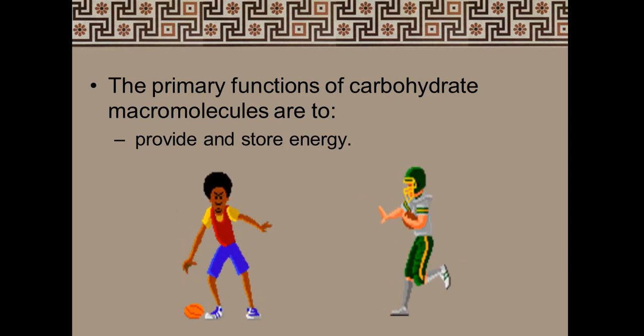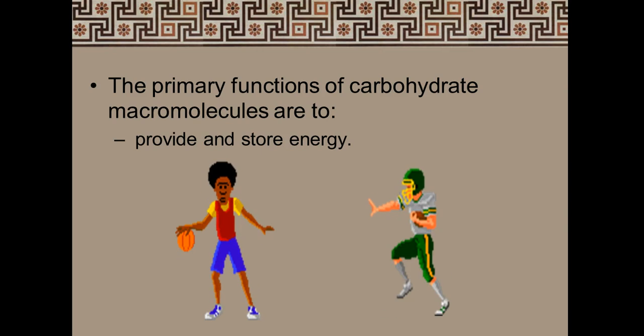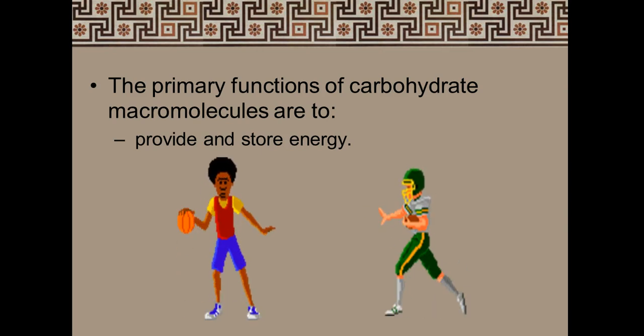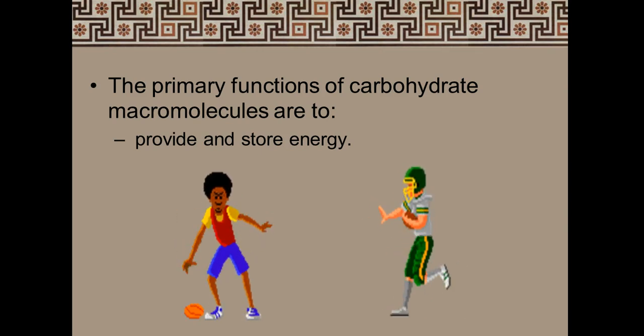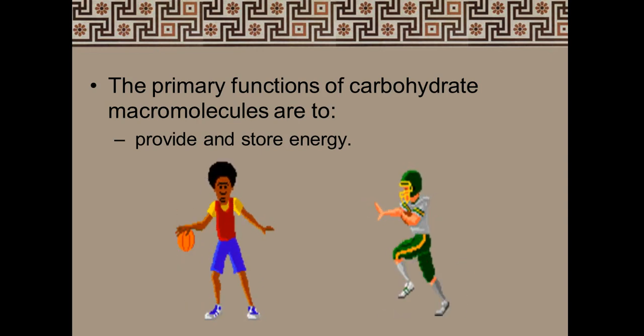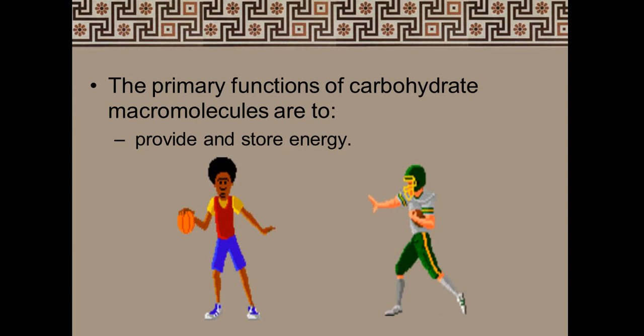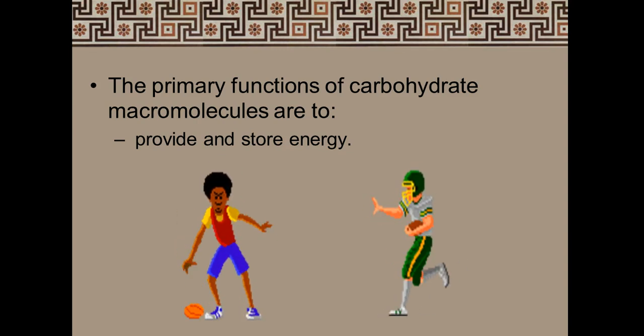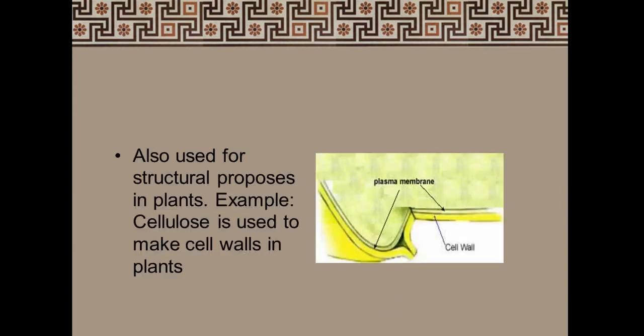I'm sure you've heard of athletes who like to carb load, so they'll eat lots of starches before a big game, to give them a source of energy for the big game. It's also used for structural purposes in plants. An example is cellulose. It is used to make cell walls in plants. So, like I said before, the cellulose makes up a cell wall.